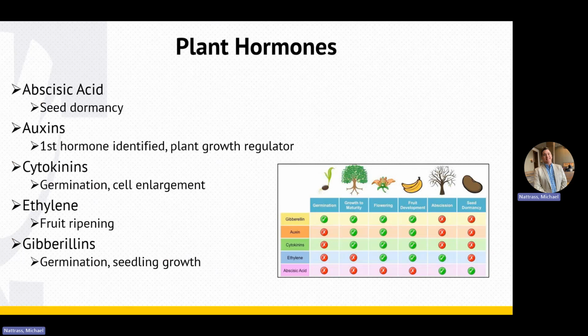Oh, we have these different plant hormones that drive the processes that happen for our plants to grow throughout all the different stages, starting from seed dormancy, meaning that if there's high abscisic acid, our plants are going to remain dormant. And once that gets metabolized, our seeds come out of dormancy. We have our auxins, which are a plant growth regulator. This was the first plant hormone that was identified.